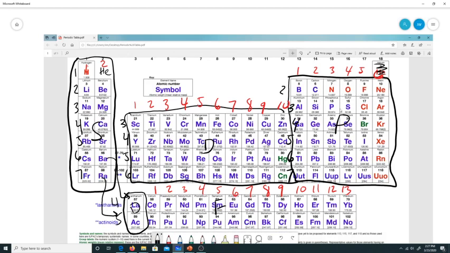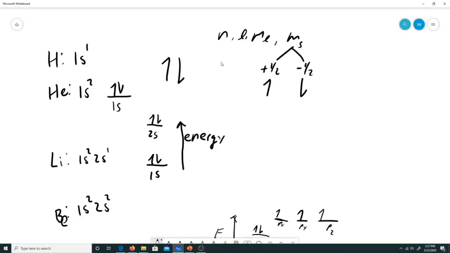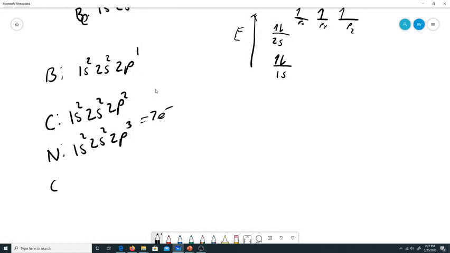So for example, after nitrogen, we're going to have oxygen. Oxygen is going to end with 2p4. That's one more electron we have to accommodate. So the electron configuration for oxygen, O, will be 1s2, 2s2, 2p4. So 4 plus 2 is 6, 6 plus 2 is 8.